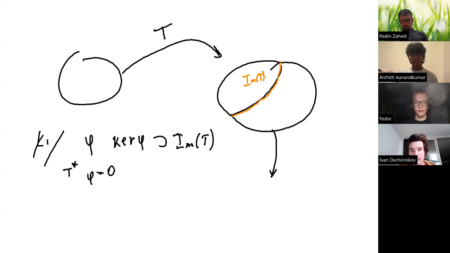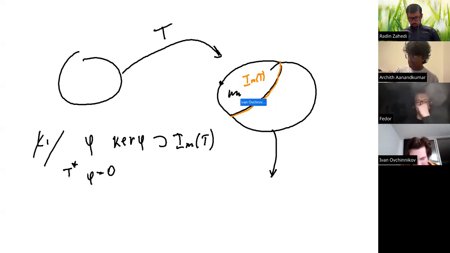Yes, all of those linear functionals can be spanned by vectors that are dual to basis vectors in here, right?